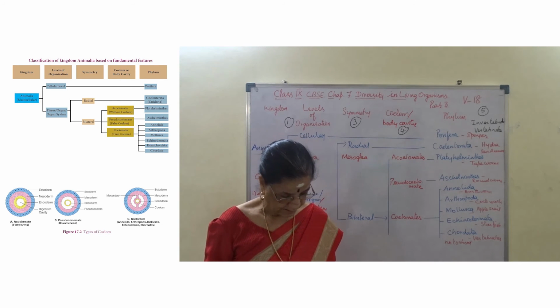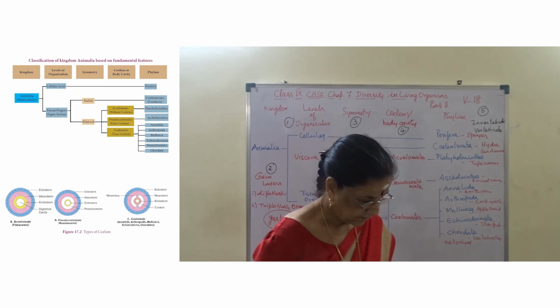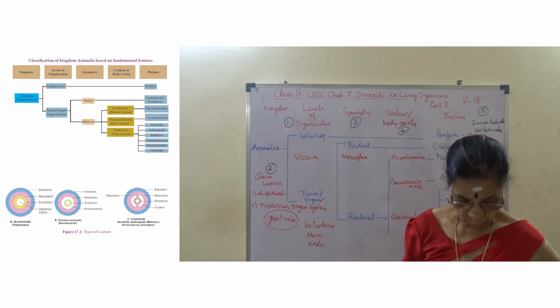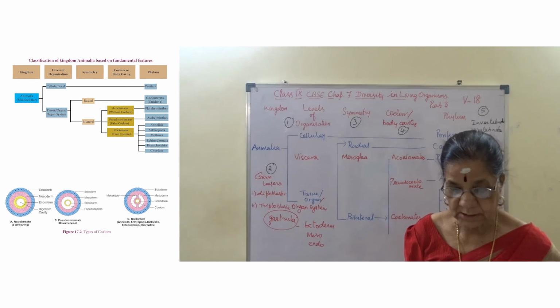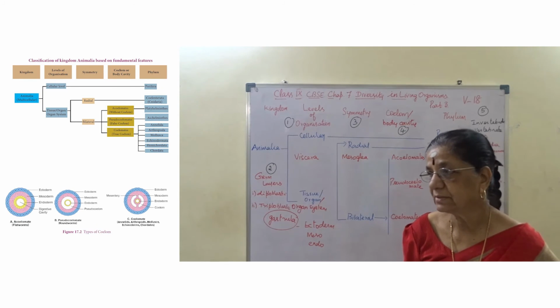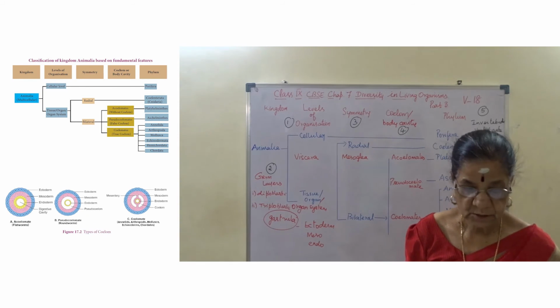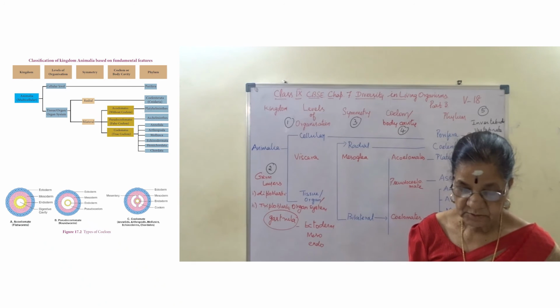Then phylum Coelenterata. Again, they are aquatic forms. They show more body design differentiation. There is a cavity in the body called coelenteron or gastrovascular cavity. These species occur singly or in colonies.